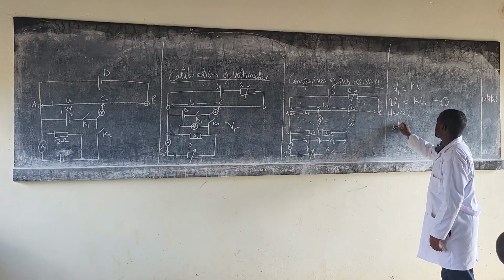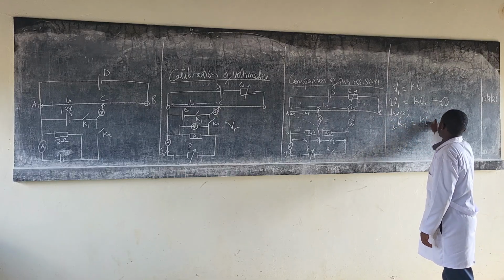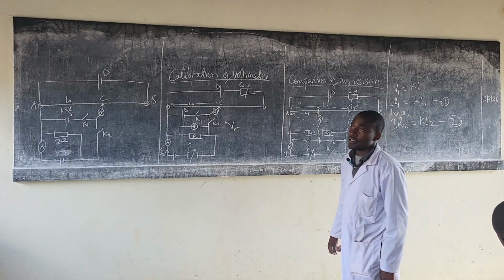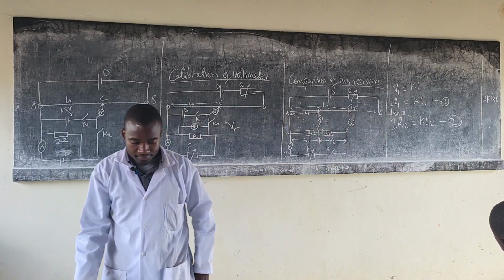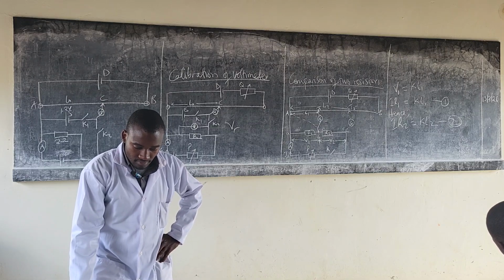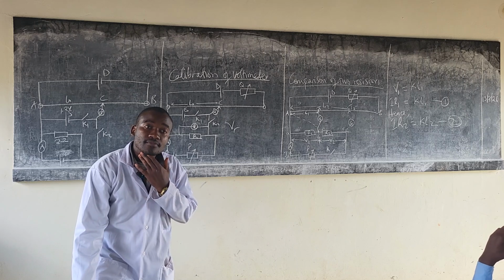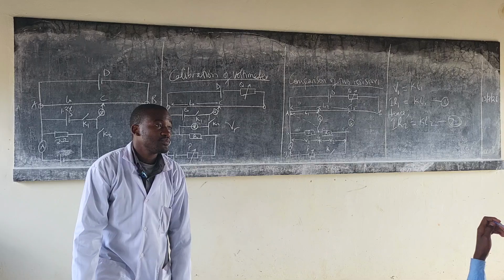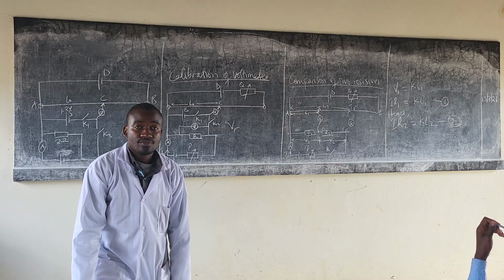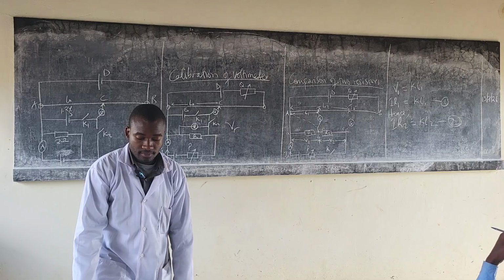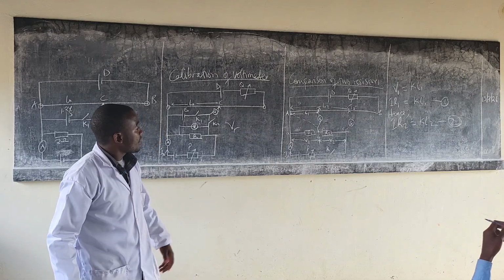Hence, I2R2 equals KL2. So that one is equation 2.